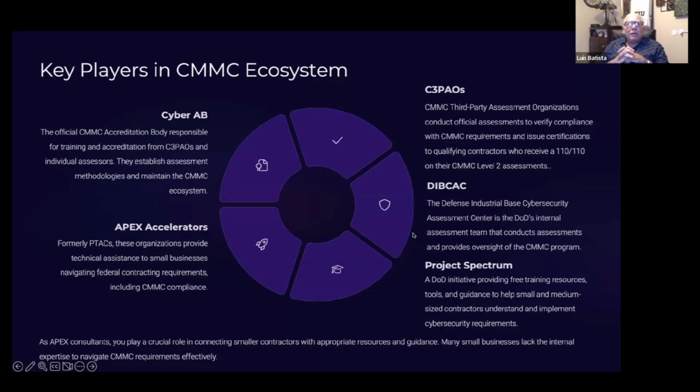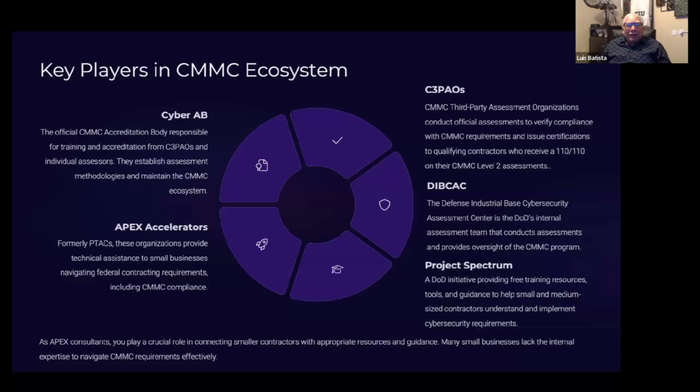Most of you may have heard of Project Spectrum, and that's an organization that is supposed to help both APEX Accelerator clients and the DIB navigate this ecosystem. Here's the issue that I see, though, and I hope to meet with Project Spectrum soon.